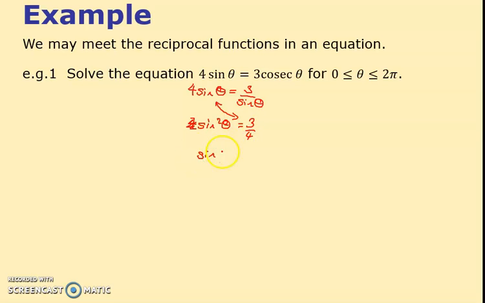Sine theta is the square root of this. Now, if I do the square root of 3/4, I get root 3 over 2. Not quite. I could get sine theta is minus root 3 over 2. We saw that recently on some of the other questions. So if I do those two things, inverse sine, is it in radians? Make sure you're in radians. Inverse sine of root 3 over 2.